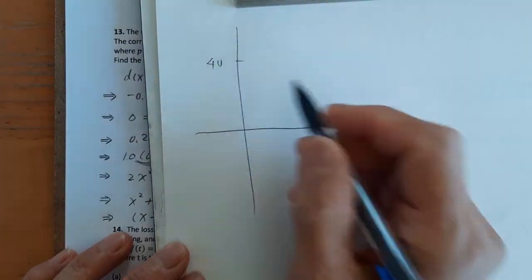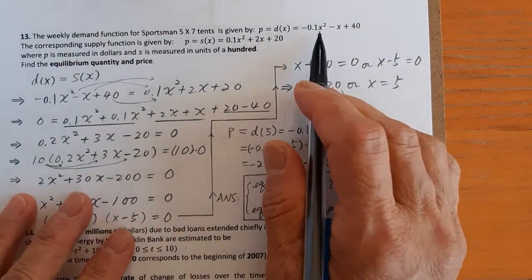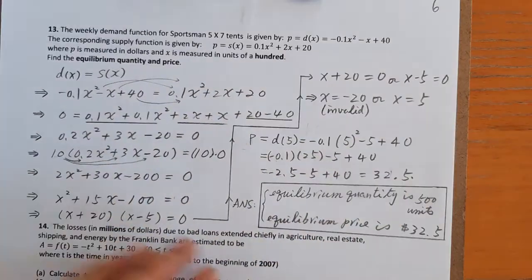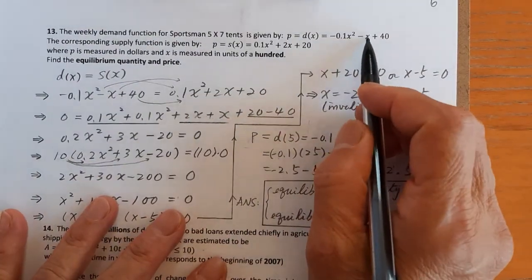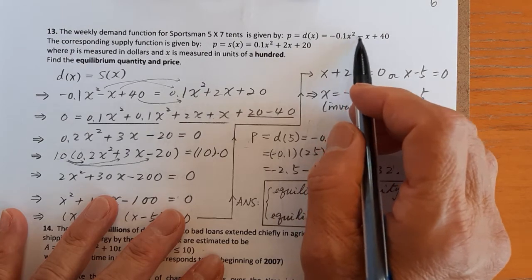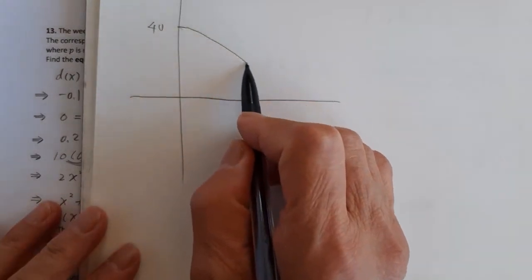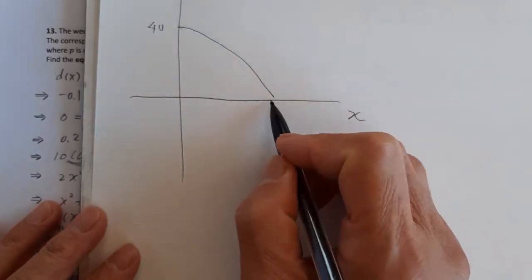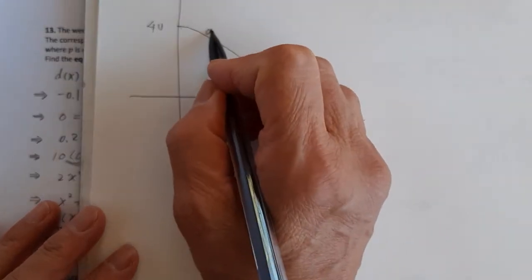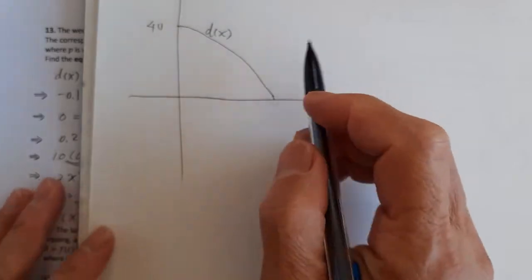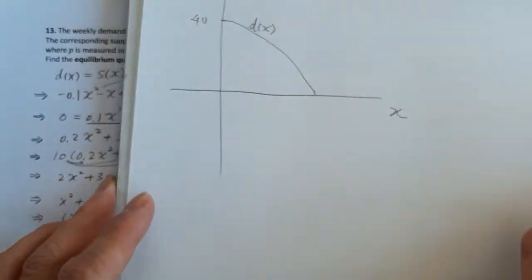When X equals 0, it's 40. Then there is a minus each time X increases, so it decreases. This is the demand function, D of X, for the price.